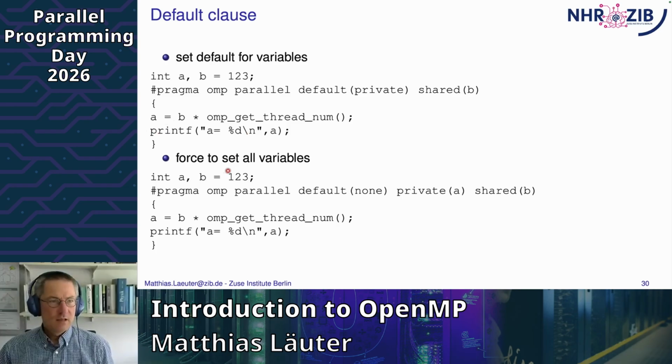And if you look for errors in your code, you can set the default to none. This means the compiler gives you an error: you are forced to define private or shared for each and every variable. That's why it's a help for you to control private and shared in a very good way.